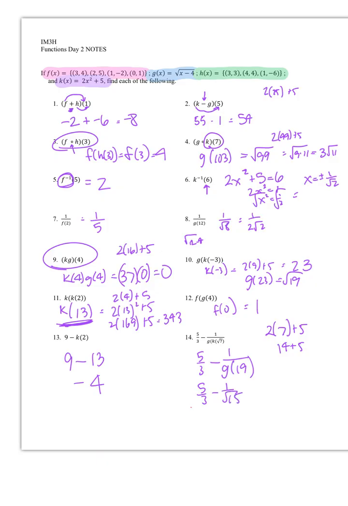Then I need a common denominator, so I'm going to multiply this one by the square root of 15, top and bottom, and this one by 5, top and bottom. So I will have 25 over 15 minus the square root of 15 over 15, and here's my final answer, 25 minus the square root of 15 over 15.